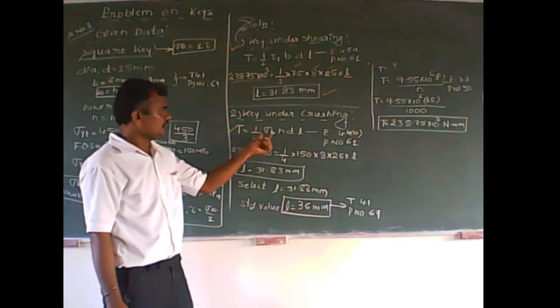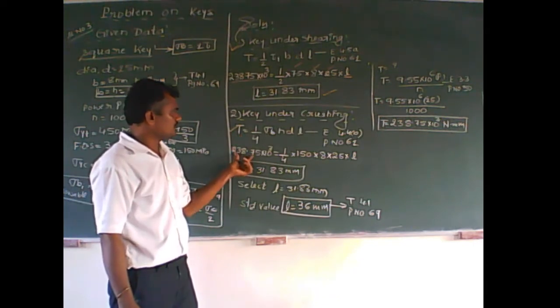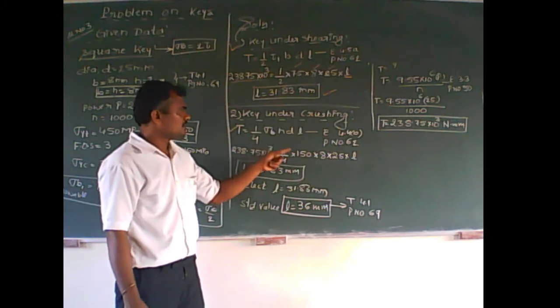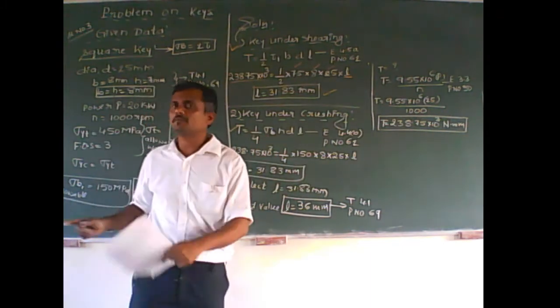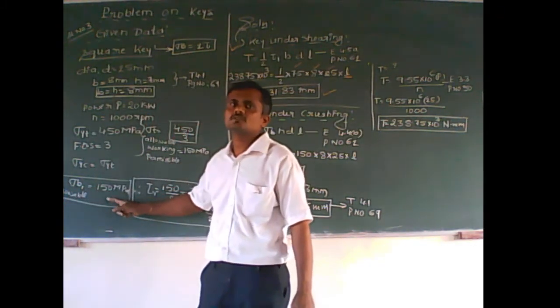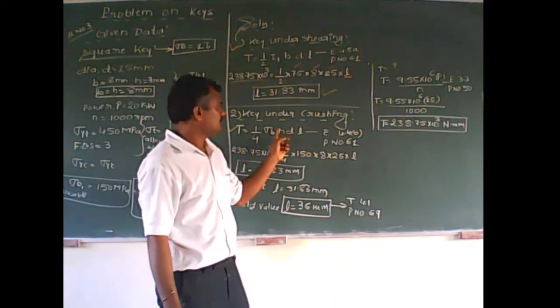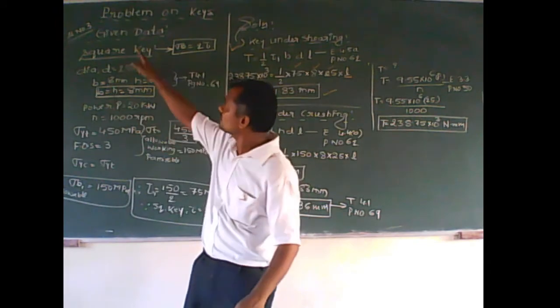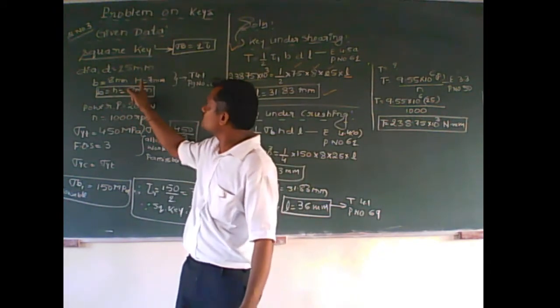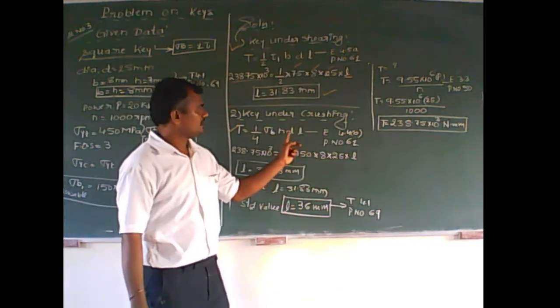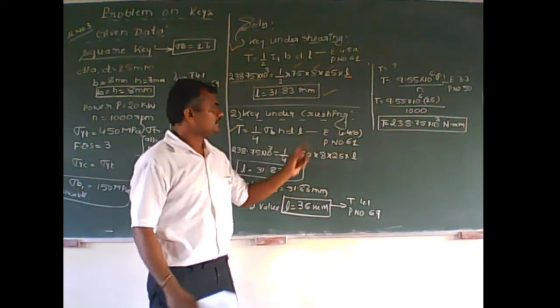Okay, and here we can substitute this value 238.75 into 10 raised to 3 is equal to 1 by 4 multiplied by sigma B1 we have determined here. Sigma B1 is known to you, 150 MPa. You can substitute 150, H as 8. As I said, for a square key, we can take B is equal to H is equal to same as 8. And here dia is 25, L we have to determine.